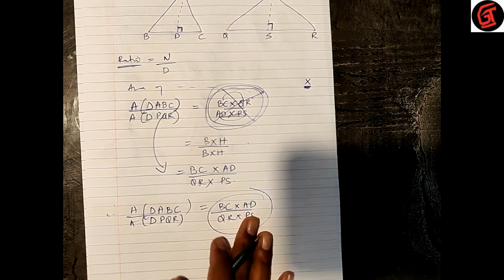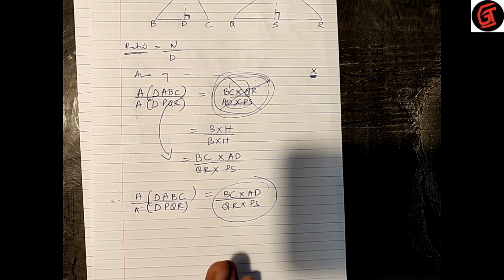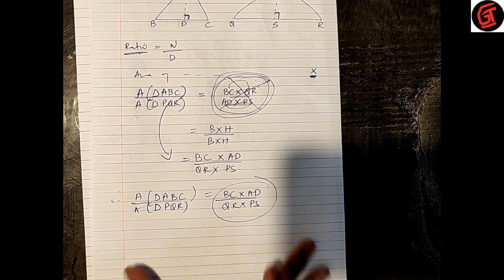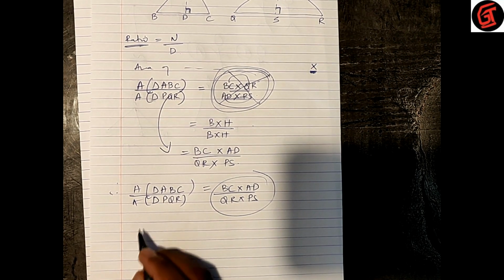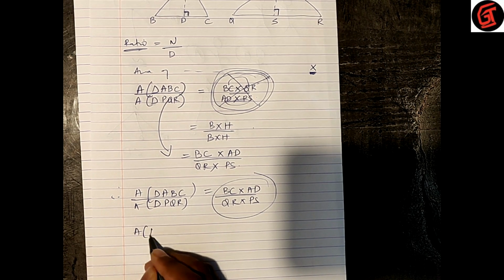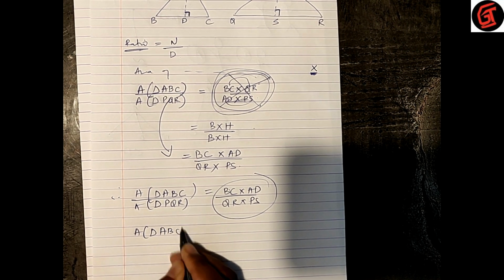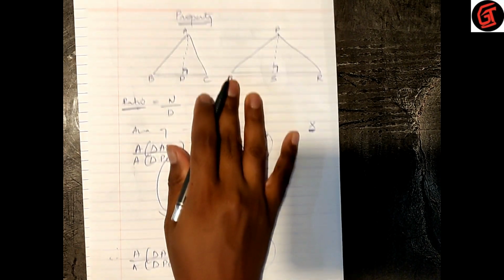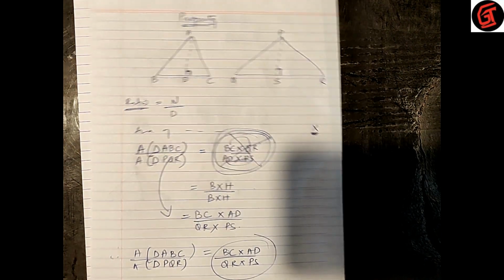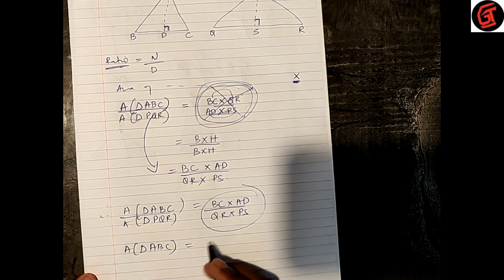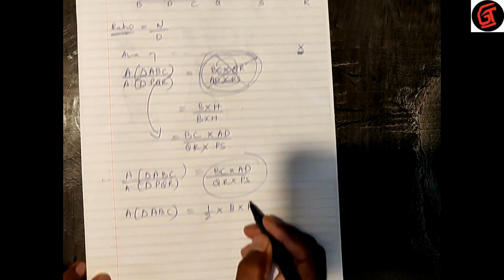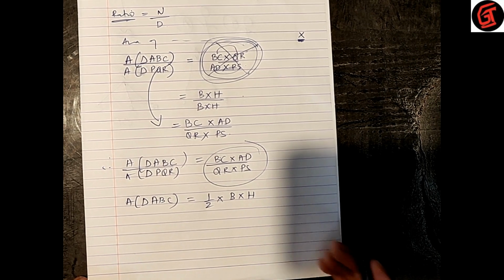This is a very easy property, and we have to divide it into two more halves. First, we'll see the first part. In the basic sense, what is the formula for the area of any triangle which has a base and a height? It is half into base into height. We have already learned this in our previous standard.